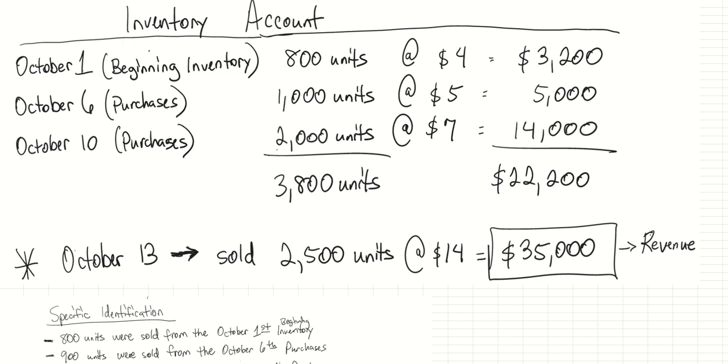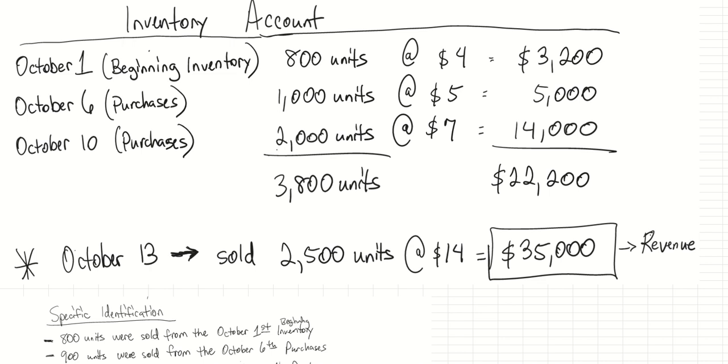All you're going to do is simply take what they tell you, that 500 units were sold from October 1st. You figure out what the amount is per unit, and then you get that total, and you include that in the cost of goods sold calculation. So it's pretty straightforward when using the specific ID method. It could be used on customizable orders, to keep track of the cost of that order.